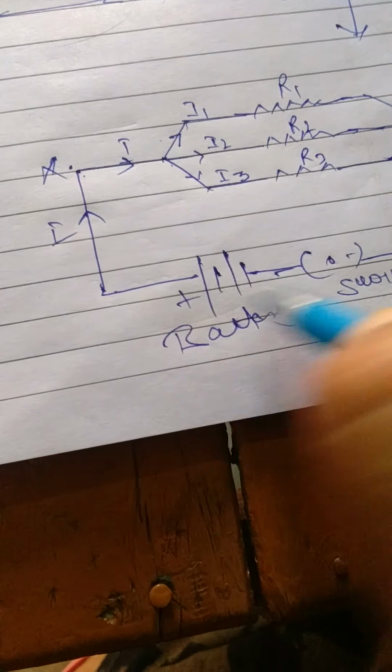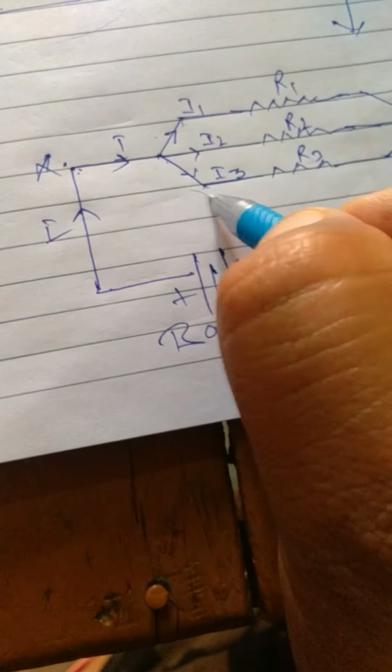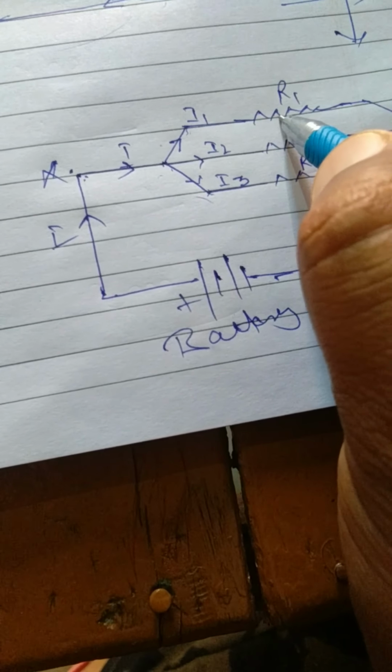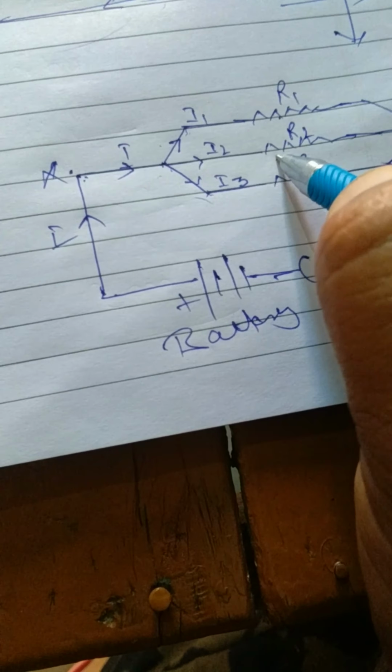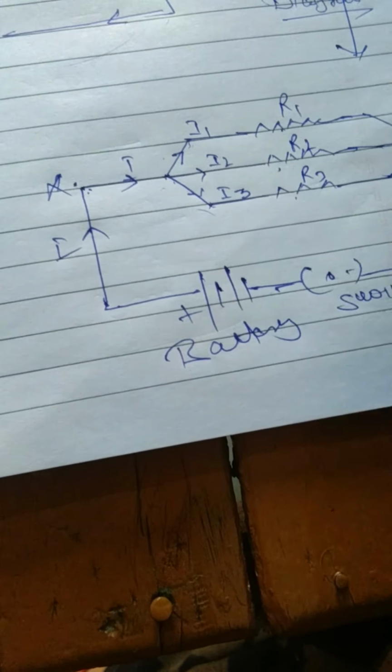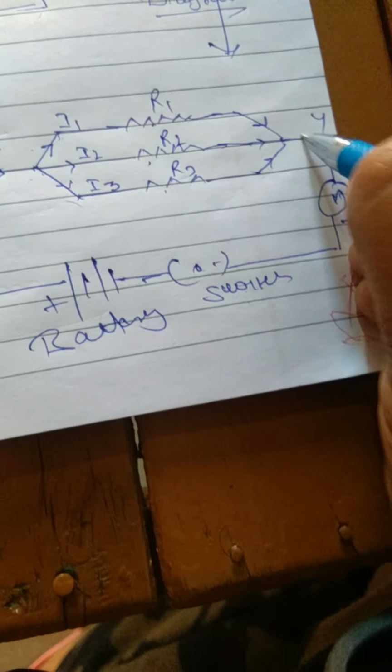Current I1 across R1, I2 across R2 and I3 across R3. But when the current leaves, the same current I is there after I1, I2, I3. This is the entering current, this is the leaving current.